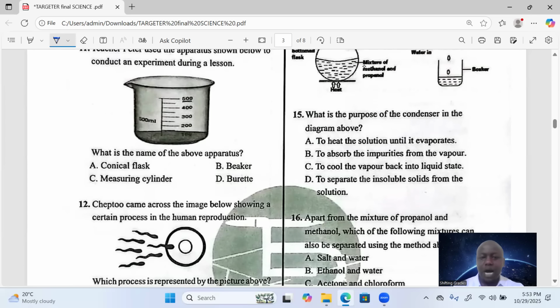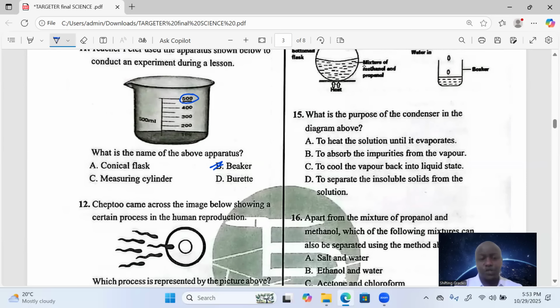What is the name of the above apparatus? You're supposed to be knowing the apparatus, either having met them physically or knowing how they are drawn. For example, this is a beaker. You can see it's a graduated beaker. Could be a plastic beaker, could be a glass beaker, but from the look of things, this is a beaker. A burette is narrow and it measures volumes up to 50 ml. Look at the calibrations on this particular instrument. It's going up to 500 ml. So this cannot be a burette.